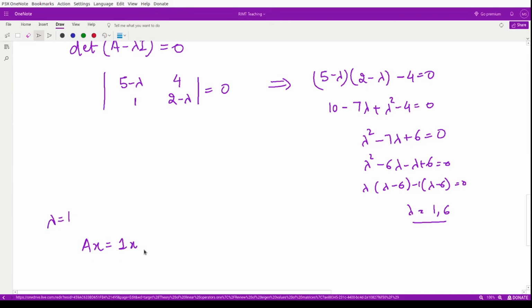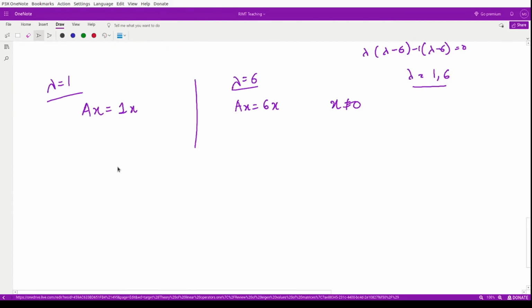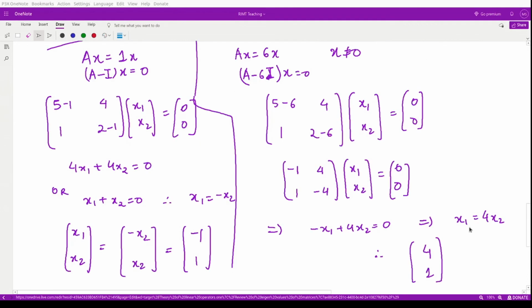And for lambda is equal to 6, you will have Ax is equal to 6x, where x should not be equal to 0 in both the equations. So you have to solve this and calculate the values of x1 and x2. That is the next task in order to calculate the eigenvectors.